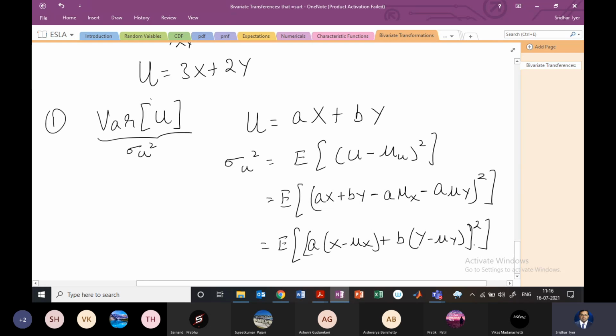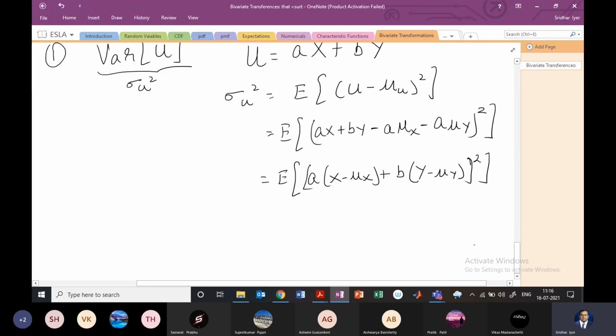So a into x minus mu x is actually the a term, and b into y minus mu y is actually the b term. So we have this expectation in terms of a plus b the whole square.